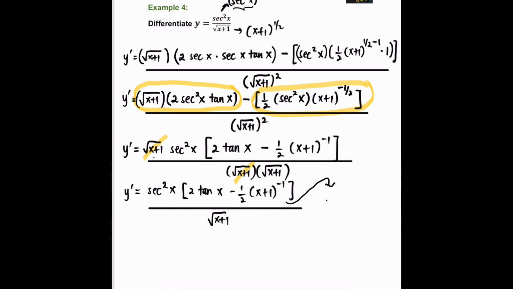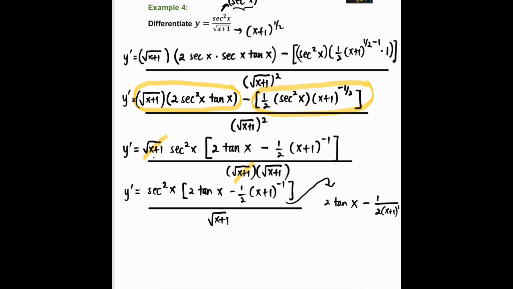So we'll have 2 tangent x minus, so that's a negative exponent there, -1. So that means we can put it down. So it's 1/2, that's the 1/2 there. And putting down x plus 1, the exponent will become positive.